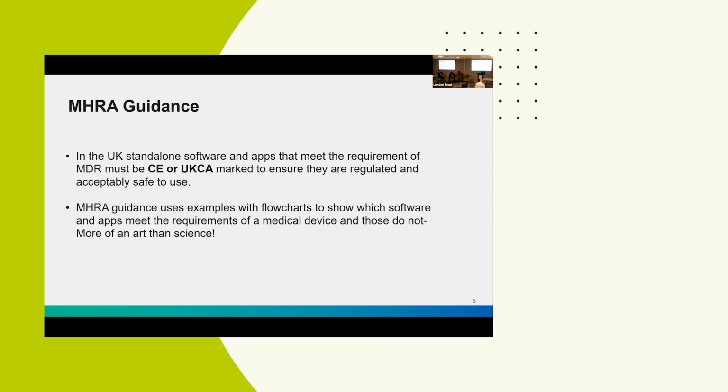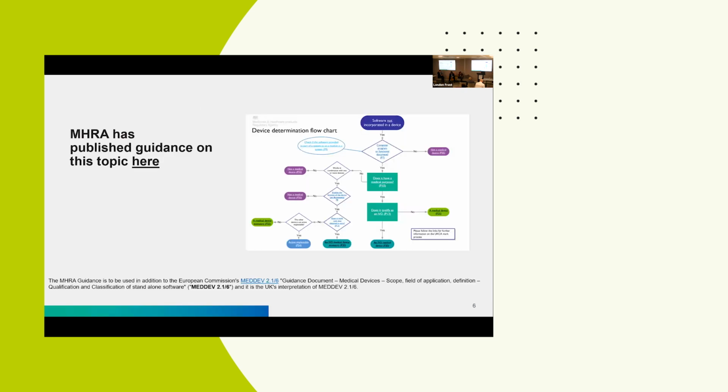So MHRA has provided a lot of very good guidance to help manufacturers make this determination. Some of their guidance can be found on their website. I've given a screenshot here. There is a link here as well. And this flowchart, based on answering questions, is based on an international document called MEDDEV.